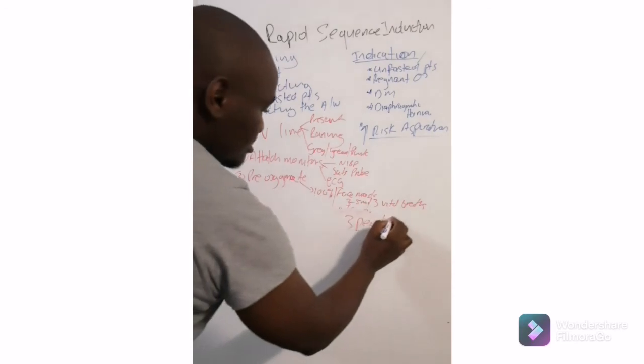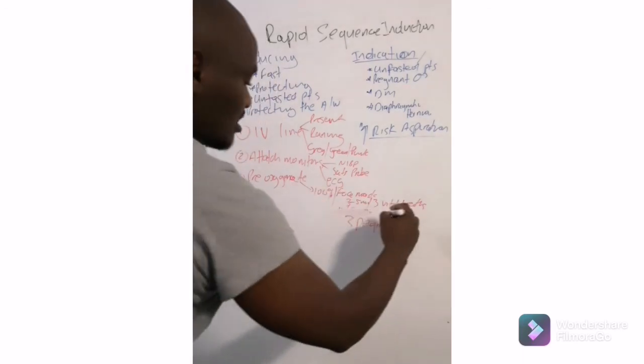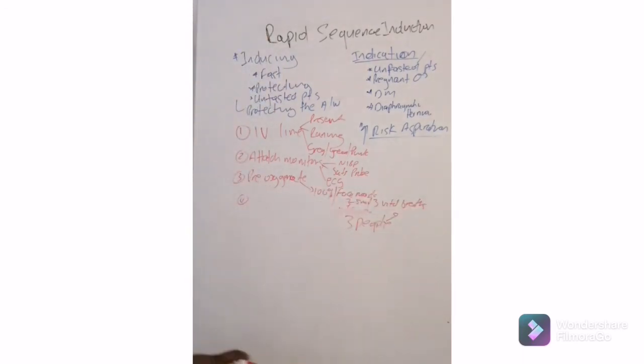One person is going to be holding the mask and making sure that the mask is sitting tightly, nicely around the nose and the mouth. And that usually needs about 2 hands if it's an adult. And then you need someone who's going to give the drugs, and then you need someone who's going to do the cricoid pressure. Like I'm saying, if you're experienced, two people can do it, but at least a minimum of two people have got to do this.